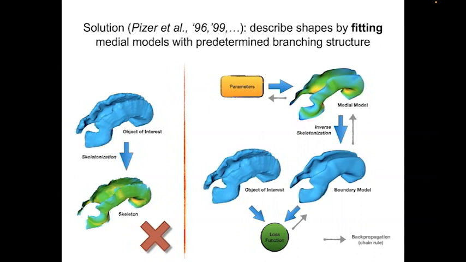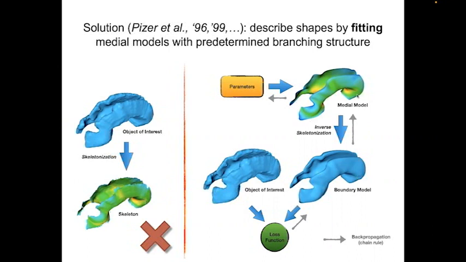And this boundary model closely fits the object of interest, again, with 90-some percent overlap. So considering that our segmentations of the objects of interest are not perfect to begin with, if we can fit these segmentations closely enough with a predefined medial model, then we can do statistics based on skeletons and based on thickness maps that we get out of skeletons and so on.